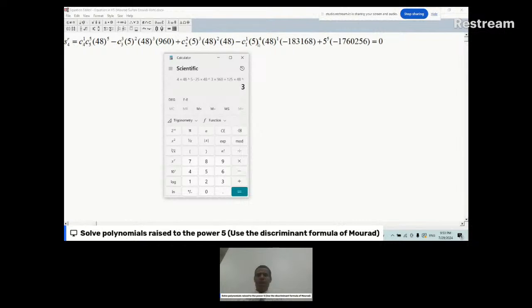Then this one: minus 5 raised to the power 4, minus 625 times 48 times, between parentheses, negative 183,168. I will close the parentheses.